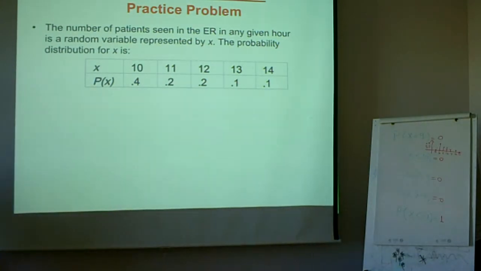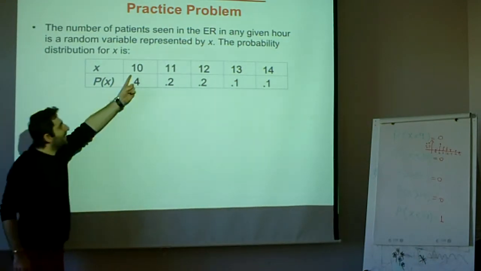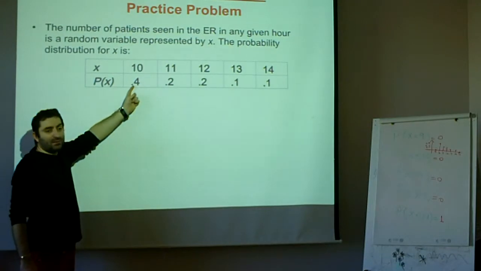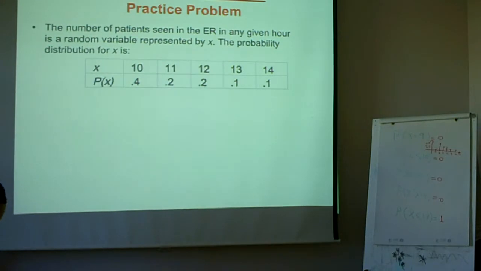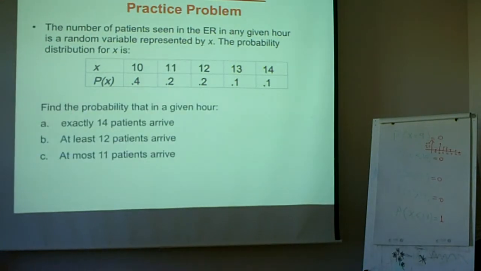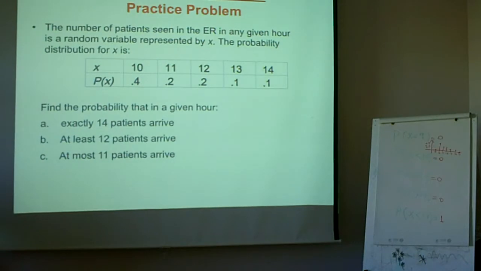The number of patients seeing a doctor in any given hour is a random variable and it's represented by x. The probability distribution of x is also given. The question is: find the probability that in a given hour exactly 14 patients arrive.